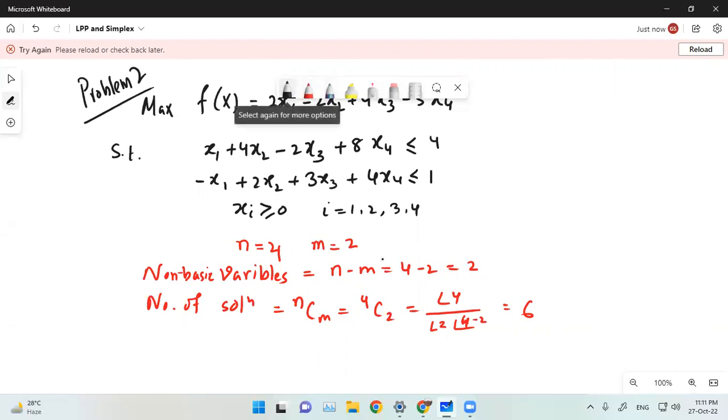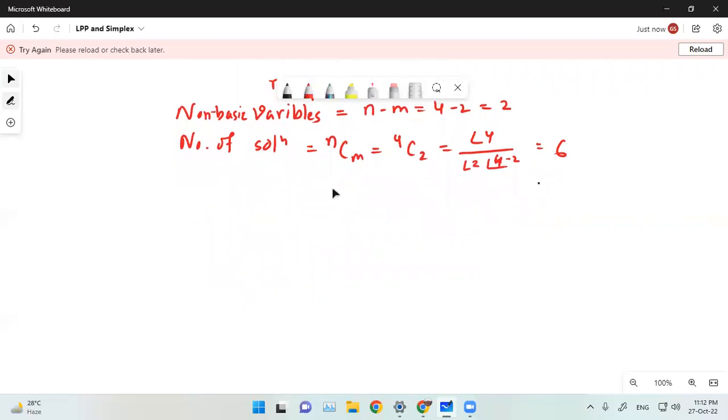Now let's go for the table. In a similar table, we have to find out first the number of solutions, so the first column.